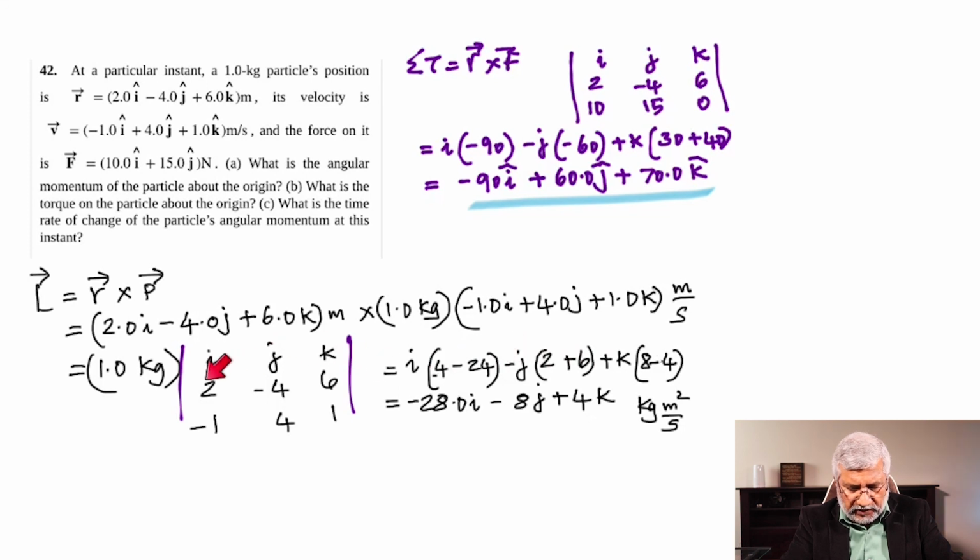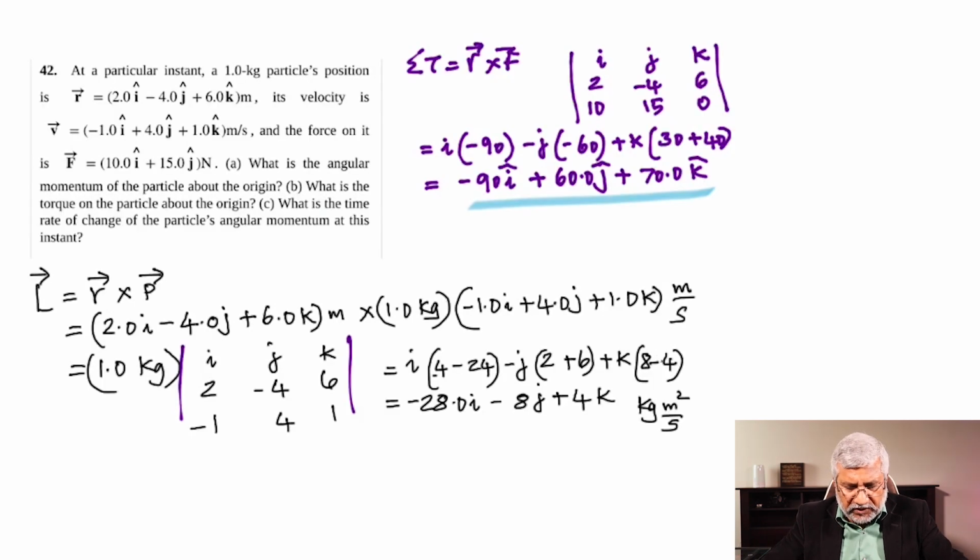Then you go 2 times 4 minus -4 times -1. So 2 times 4 is 8 minus -4 times -1, which is +4. So you get 4. Be careful. And then you get this as the angular momentum of the particle about the origin.